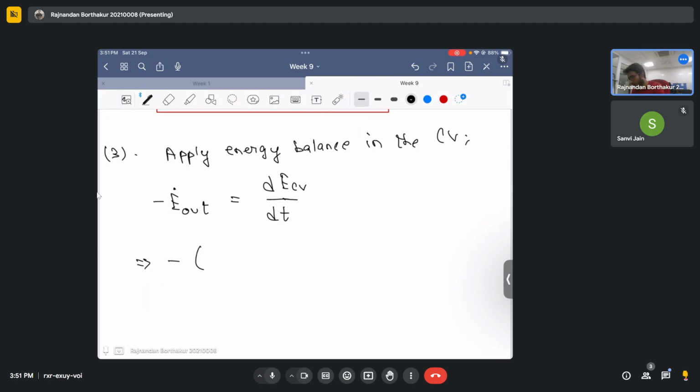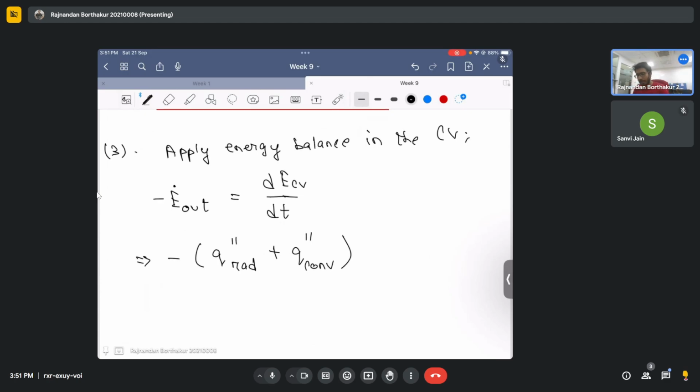So it will be q double dot rad plus q double dot convective, and the area will get cancelled from both sides.